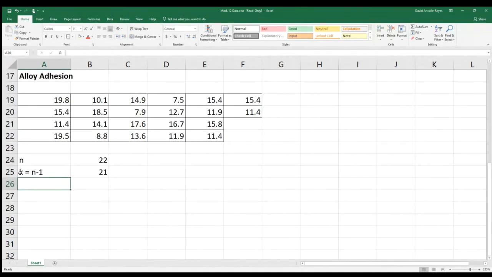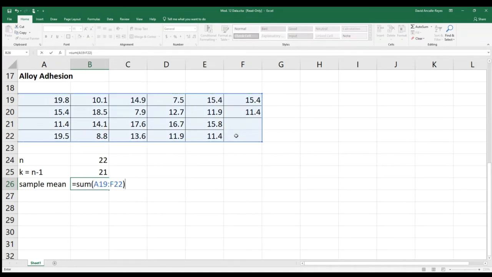Now, for these data, let's find the sample mean and the sample standard deviation. You may recall that the sample mean is found by adding all of these values and dividing by the number of observations.